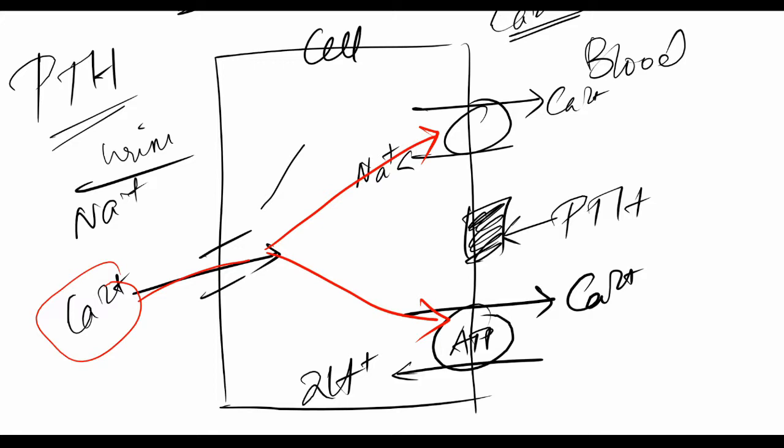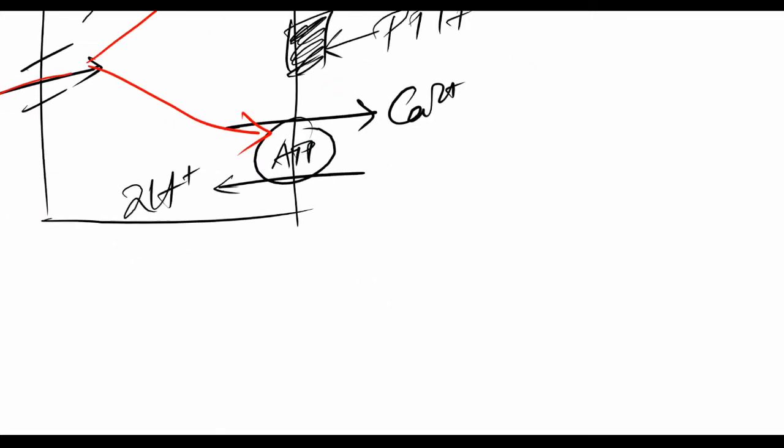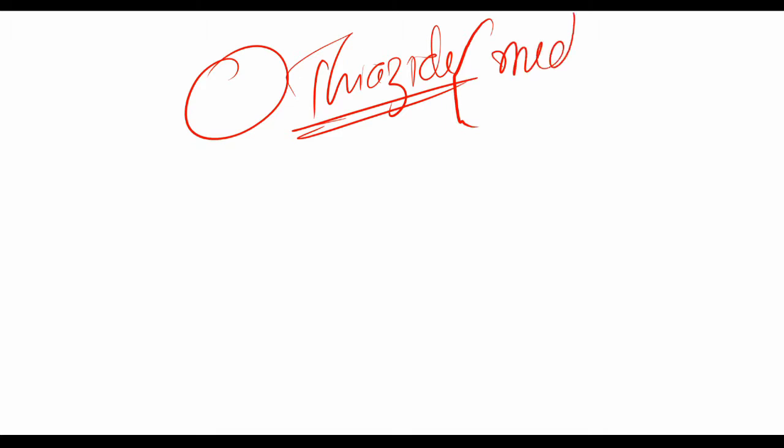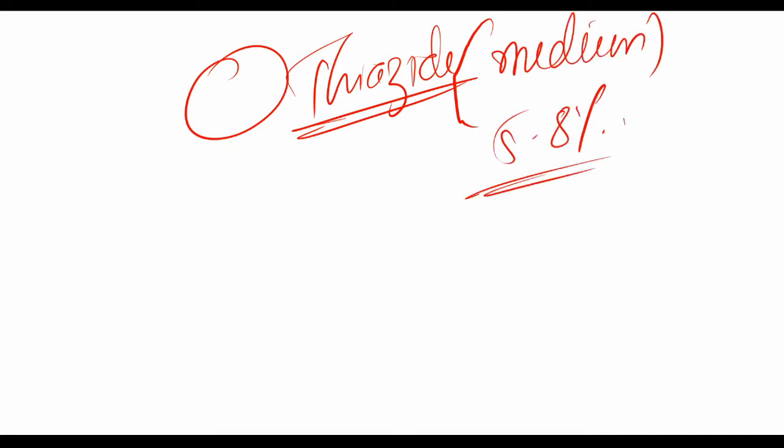Continuing further, we'll look at thiazide diuretics. Thiazide diuretics have a thiazide ring, hence the name. They are medium efficacy because they only act on the 5 to 8% of sodium chloride which is being reabsorbed.